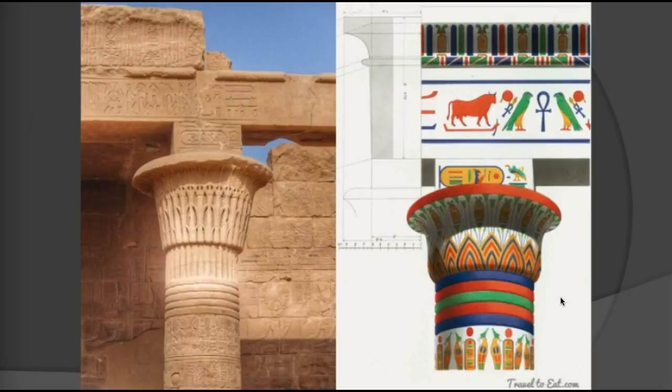Here we have another closer look at the column supporting the architrave with the abacus here. These would have been highly decorated as well. You can see already the hieroglyphics on this, as well as the ornamentation on the cornice up here.